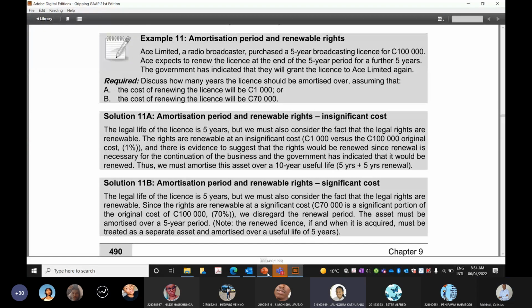Maybe it's to record the journal entry that I just said, and then make a provision for the 1,000 that we are going to incur. Okay, one person says we make a provision. Anyone else?